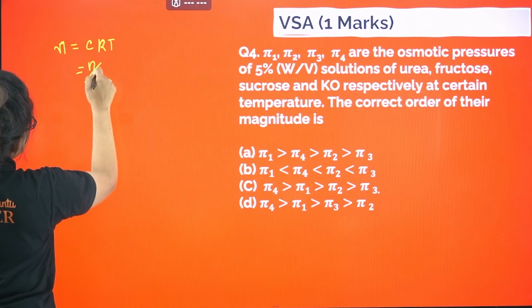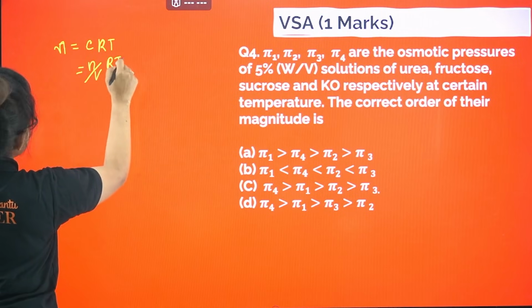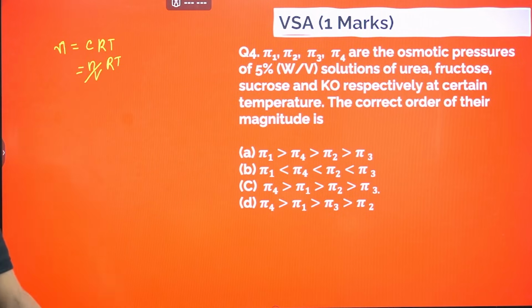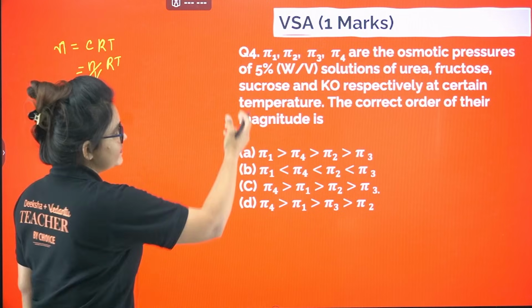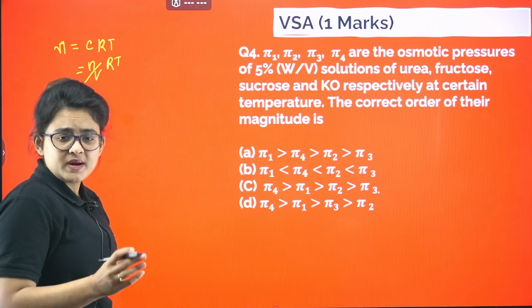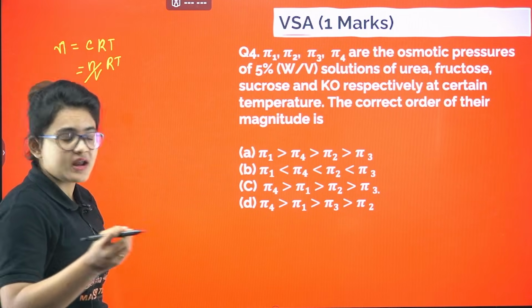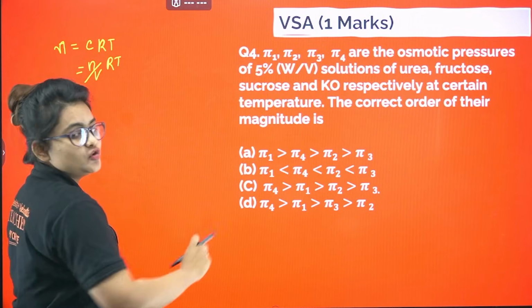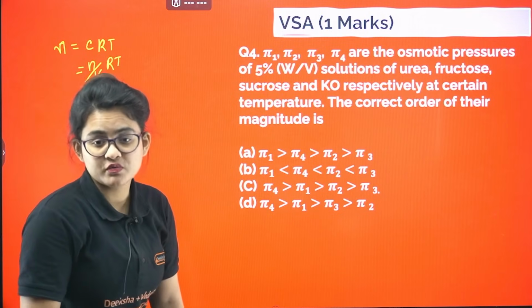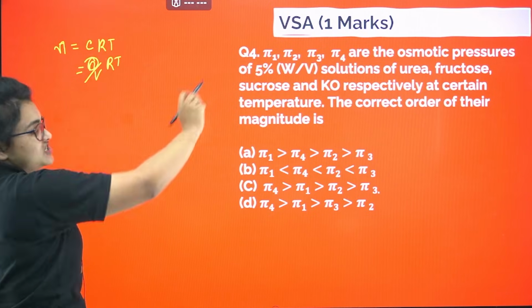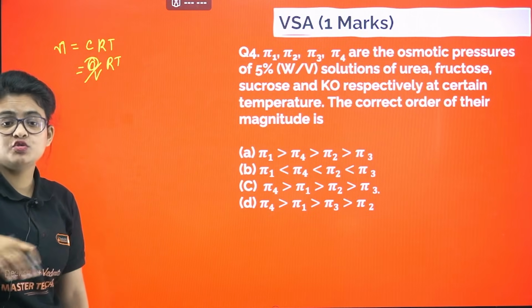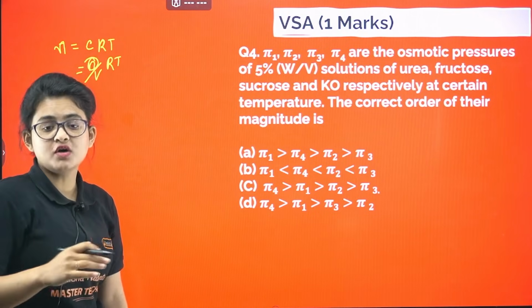C can be written as n by V, so pi equals n by V RT. Volume, R, T, everything is quite similar for all the solutions, because 5% means 100 ml. But 5% means 5 gram of each solute, and they will represent different numbers of moles. So we have to calculate n for each case to understand the trend of osmotic pressure.